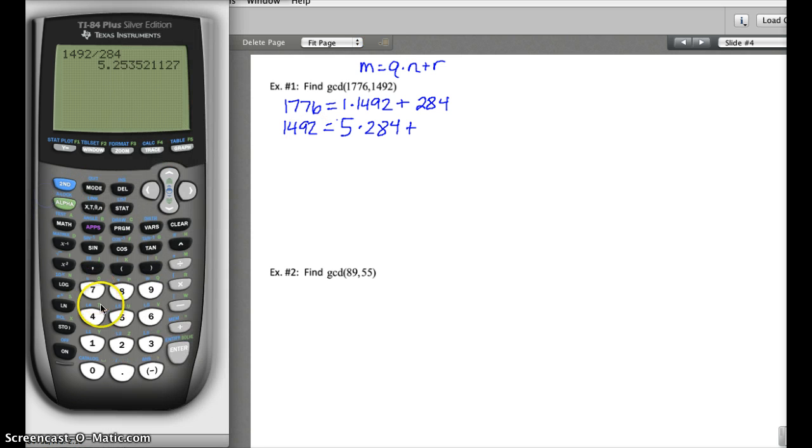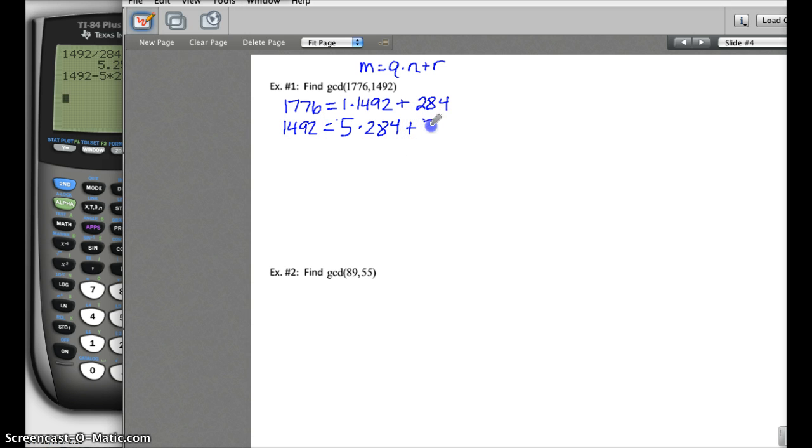We take 1492 and subtract 5 times 284 to see what's left for our remainder. In this case, our remainder is going to be equal to 72. So the GCD of 1492 and 284 is equal to the GCD of 284 and 72. So just keep going.